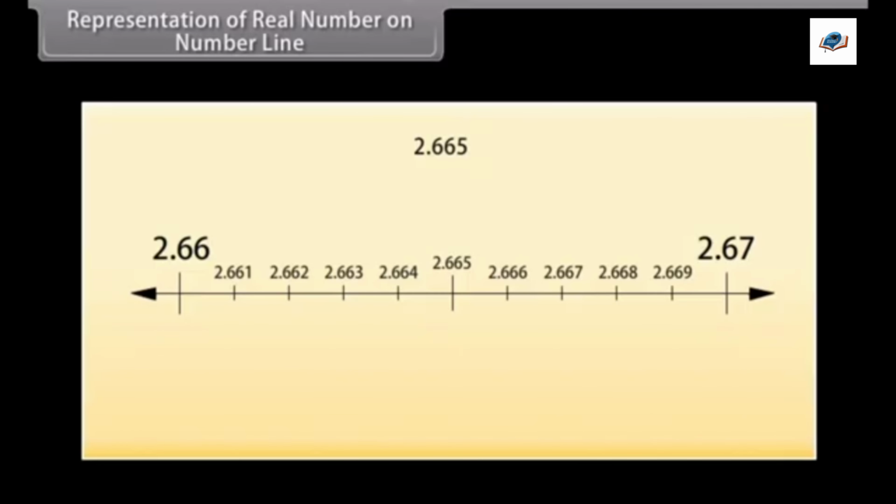The first part represents 2.661, the second part represents 2.662, and so on. 2.665 is the fifth mark in these subdivisions. This process of visualization of representation of numbers on number line is called the process of successive magnification.